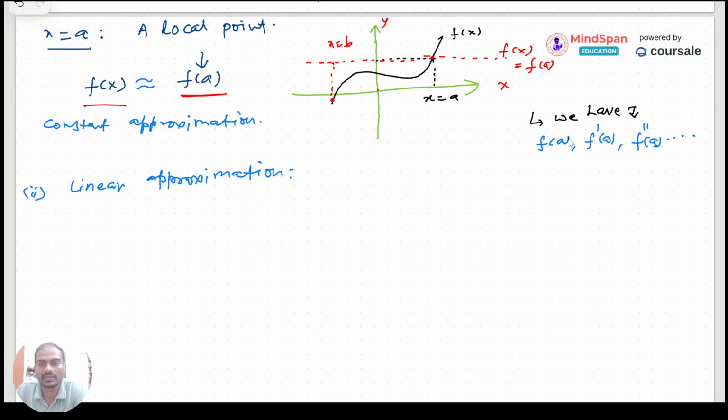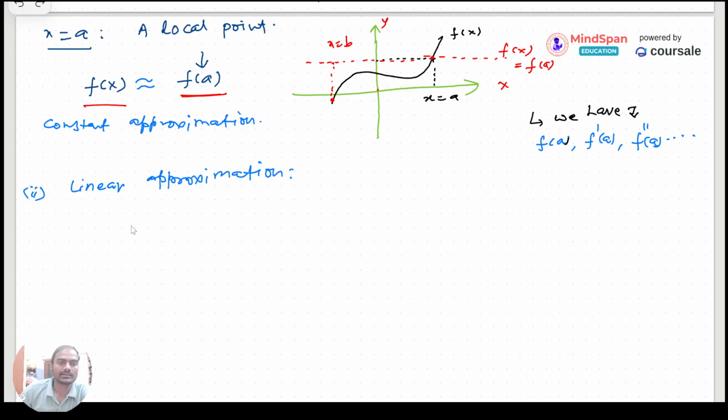We have this information about the function: f(a), f'(a), f''(a). All this information we already know about that function at this local point x equal to a. Now, if we try to add this f'(a) in this function, then what we will get? First derivative says the slope of the tangent, right?